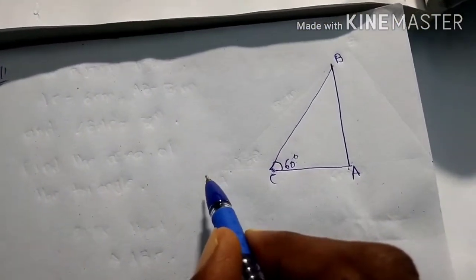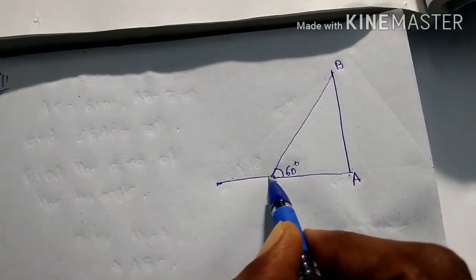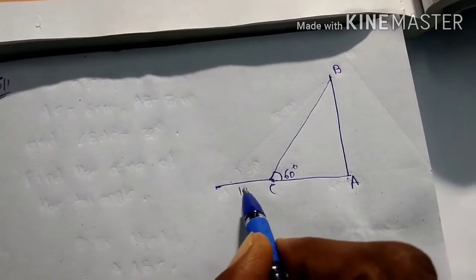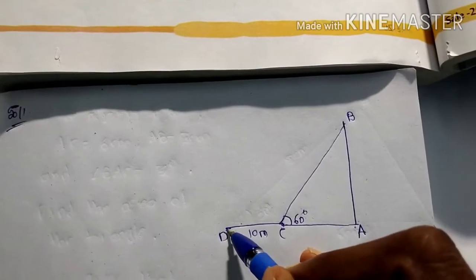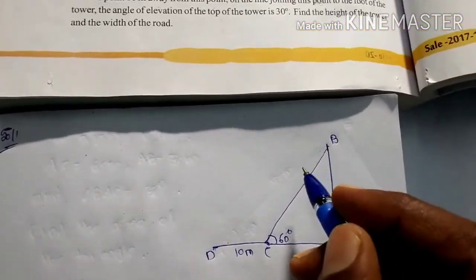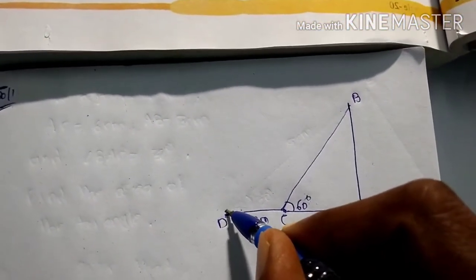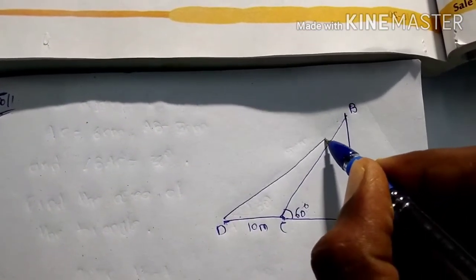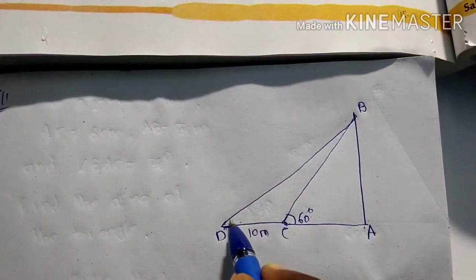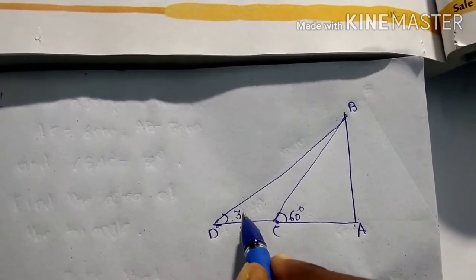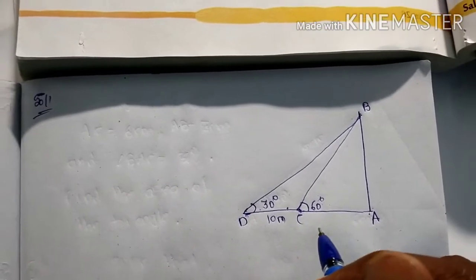That means on the same straight line, 10 meters away, you can take point D. From point D, the angle of elevation is 30 degrees. If you draw the diagram, you can do the problem very easily.